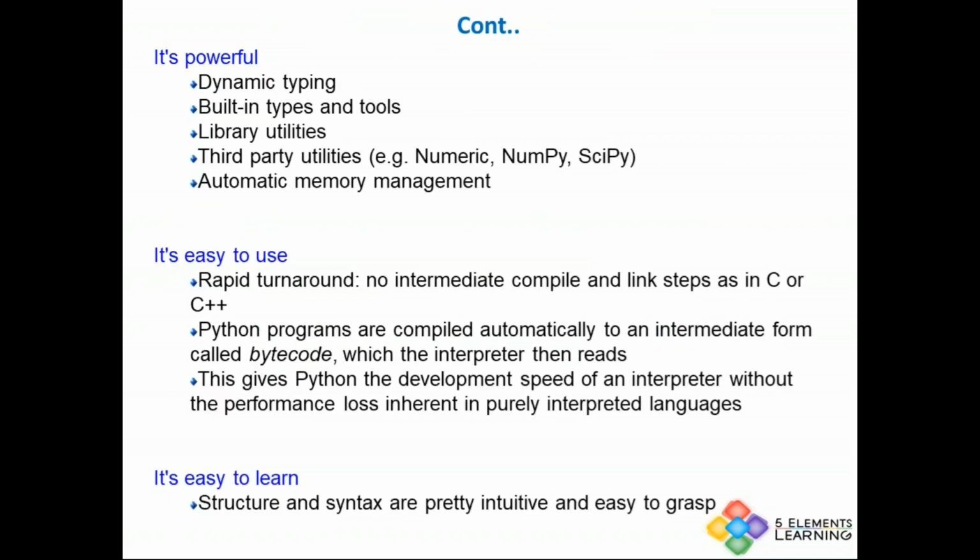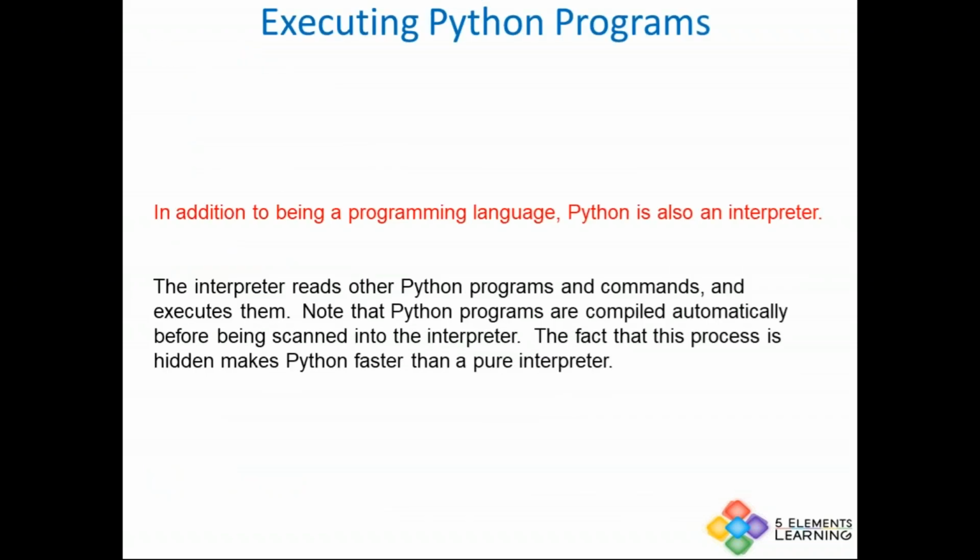So the same program, if we see in C# or in Python or in Java, you will find out the language used in Python is very simple English-like with a very small number of statements required to solve the same problem. So Python is basically an interpreted language, but the programs are compiled automatically. That means they are scanned before they are sent to the interpreter.